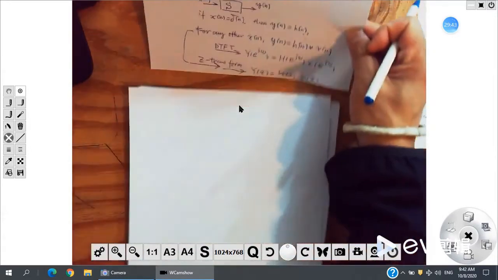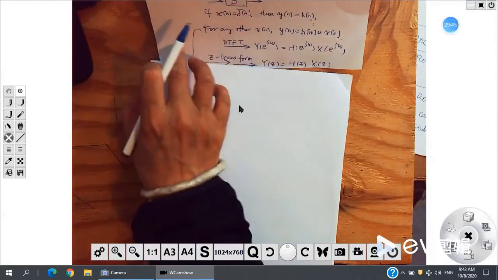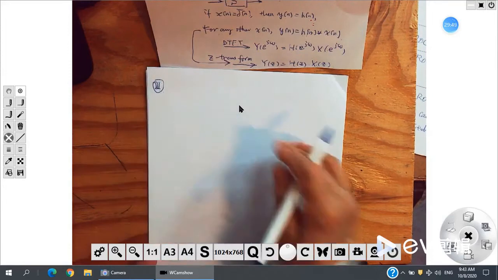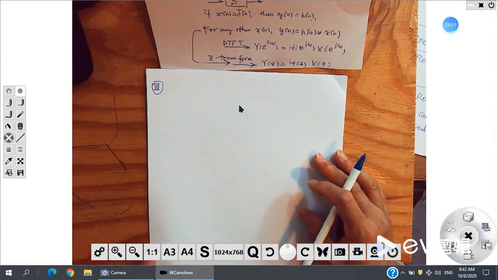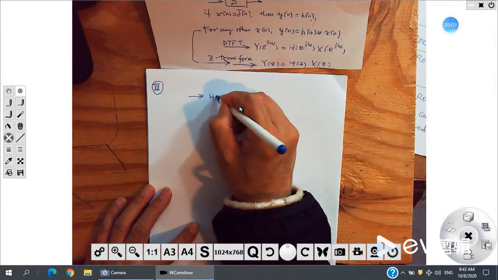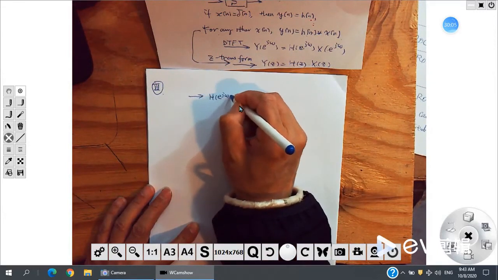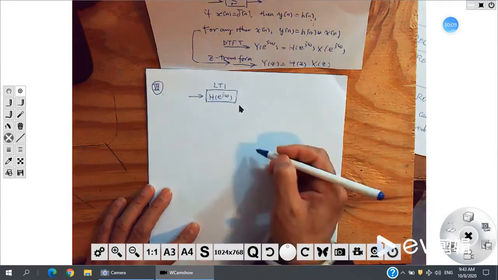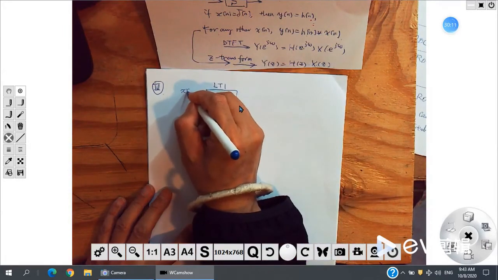And we have the third case: solving the system. Sometimes we need to consider a sinusoid. Then what is the output? So I write it this way. Suppose H of e to the j omega is the system frequency response of an LTI system. Here's x, here's y.